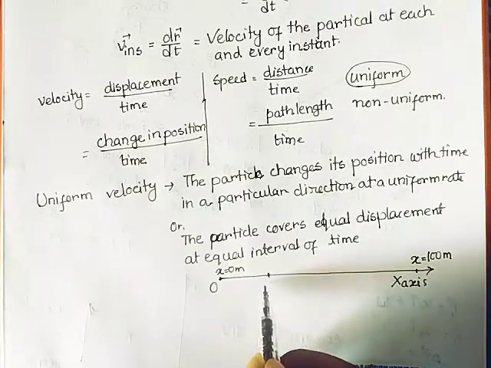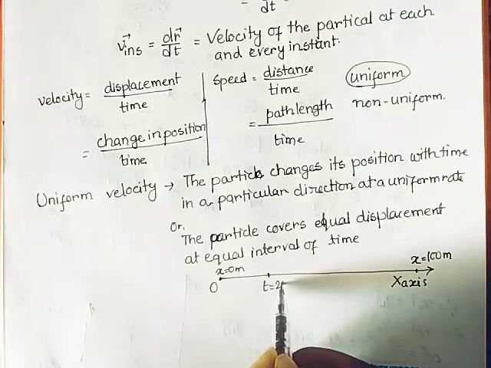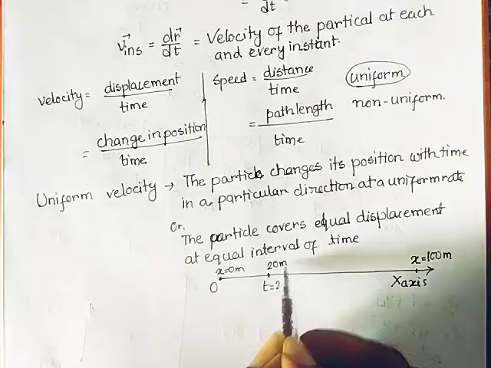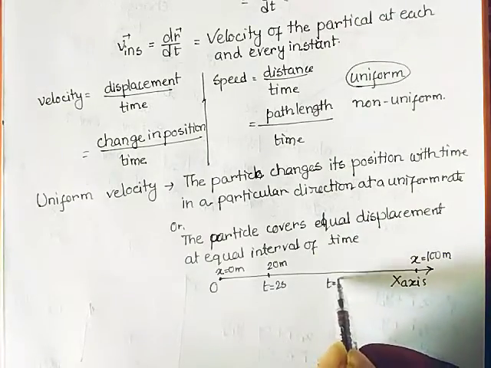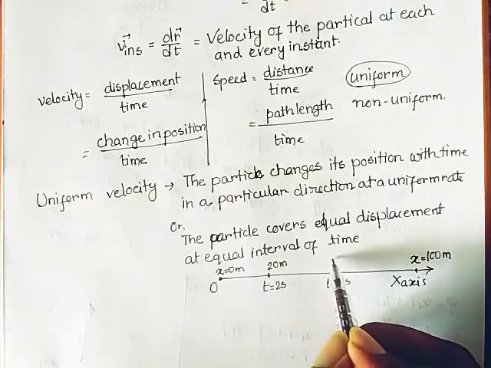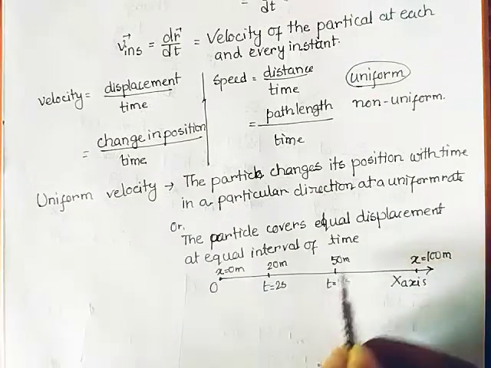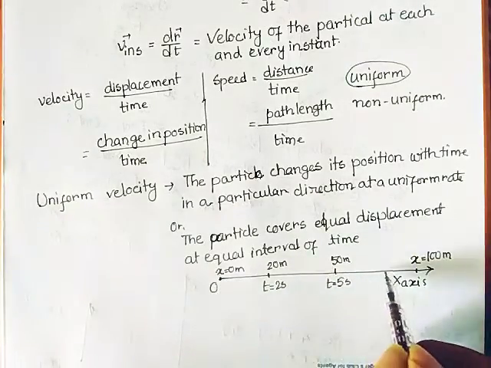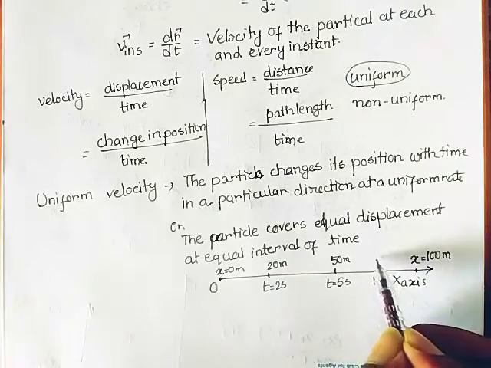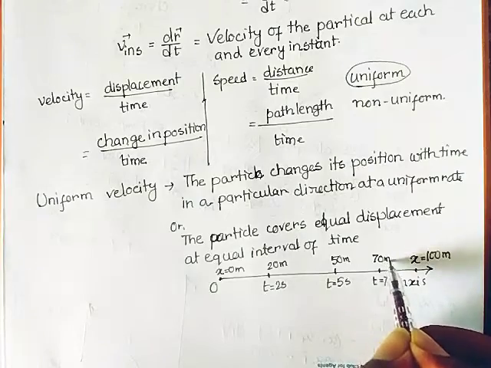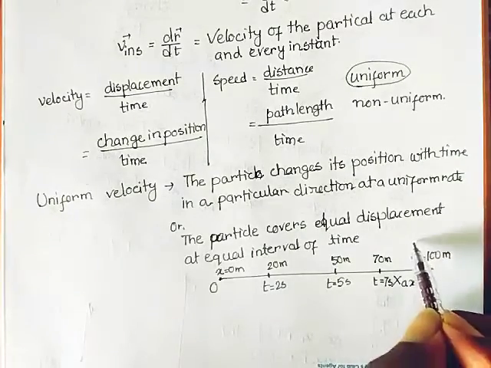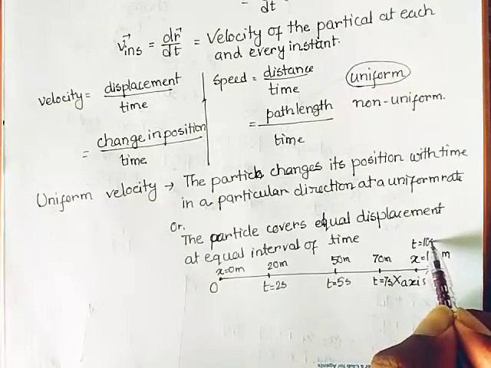At t equal to 2 seconds, the particle is here at a distance of 20 meter. At t equal to 5 seconds, the particle is at a distance of 50 meter from the point O obviously. At t equal to 7 seconds, the particle is at a distance of 70 meter, and x equal to 100 meter is reached at t equal to 10 seconds.